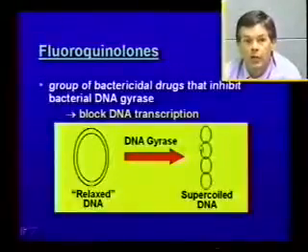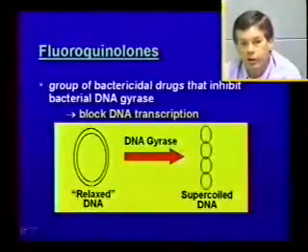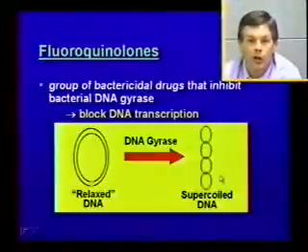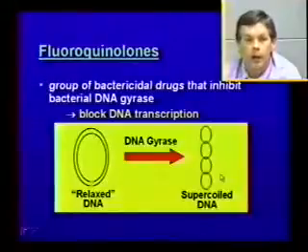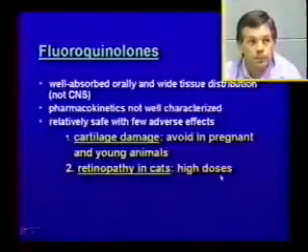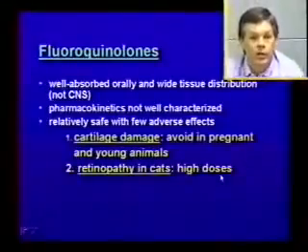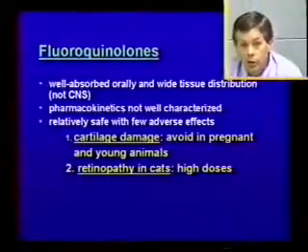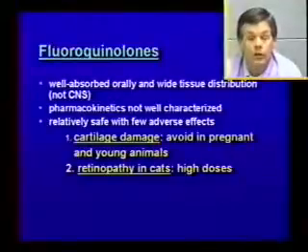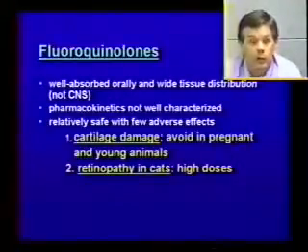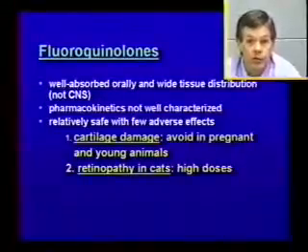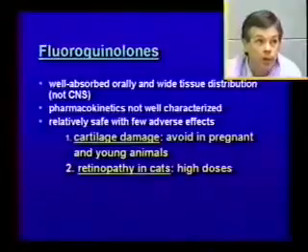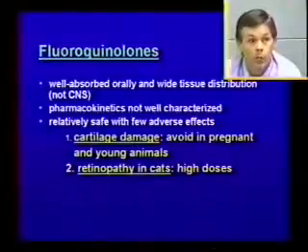The fluoroquinolones inhibit this enzyme, DNA gyrase, thus preventing this reaction and killing the microorganism because it's no longer able to replicate its DNA. And that's their basic mechanism of action. Now, the fluoroquinolones as a group have a relatively limited use time yet in veterinary circles, so they are not terribly well characterized as far as their pharmacokinetics and pharmacodynamics. Certainly we know that these drugs are well absorbed orally.